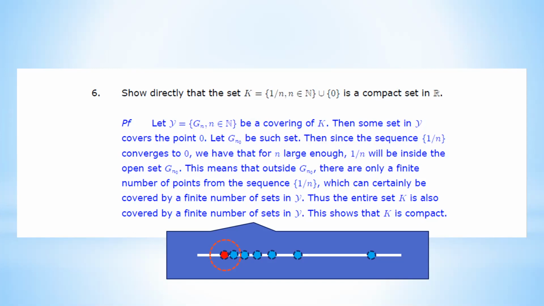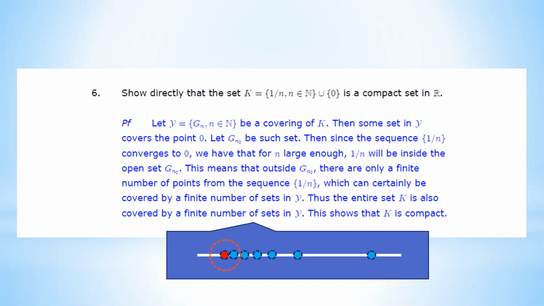Since the sequence goes towards this limit, when n is large enough, all the points will be inside this interval. And outside of this interval, there's only a finite number of points. Those outside points, because there are only finitely many of them, each one can be covered by just one open set in the family.